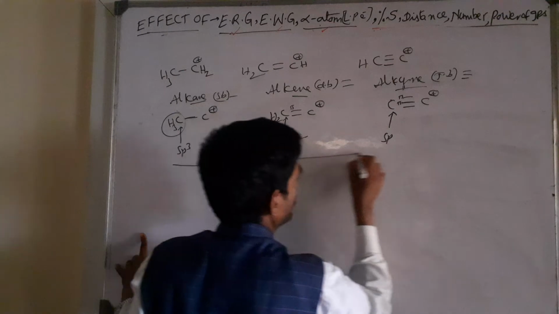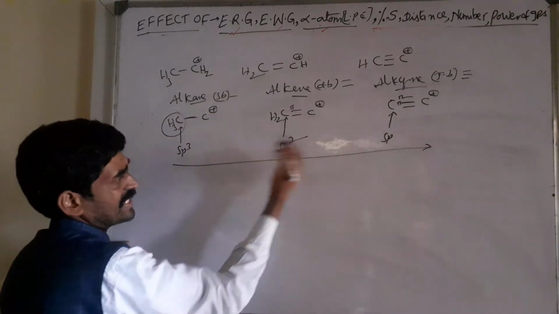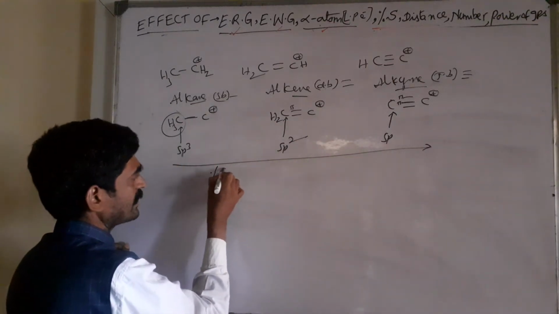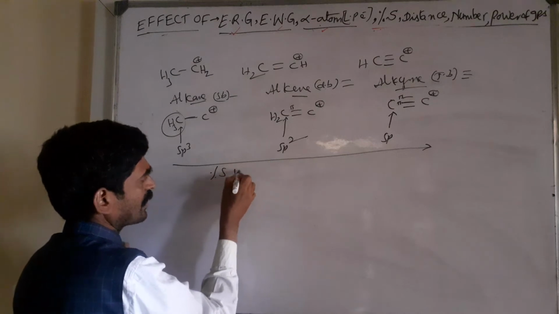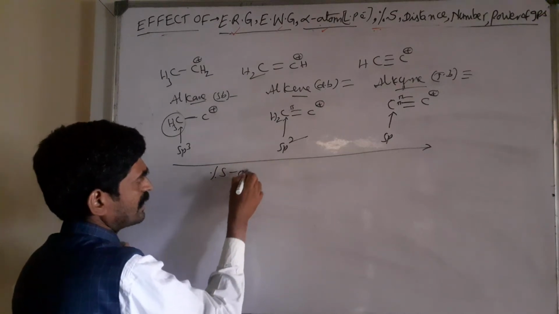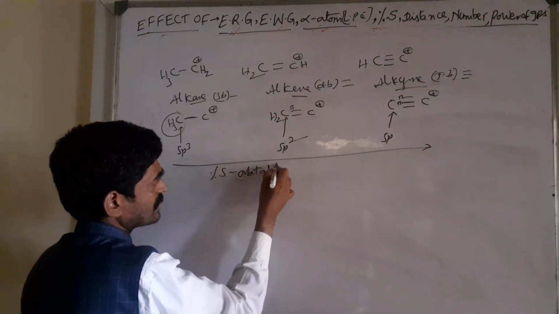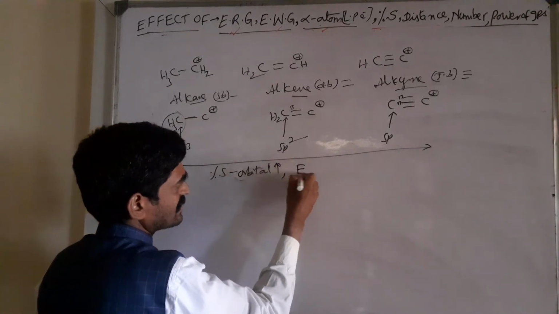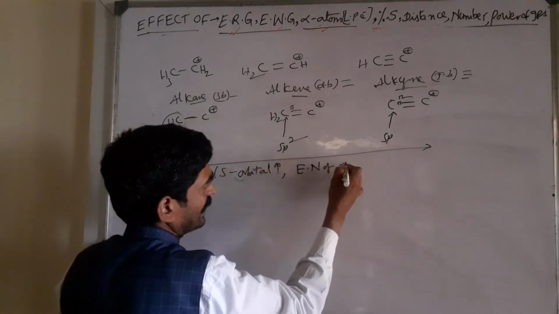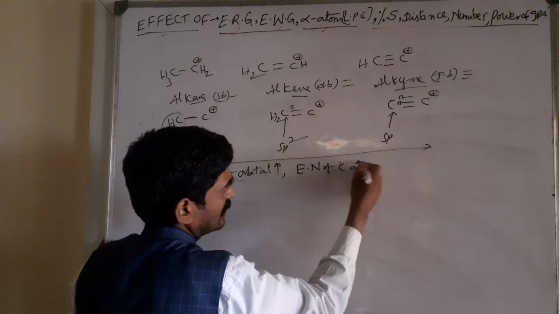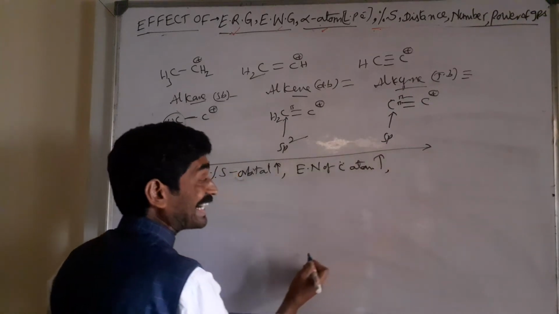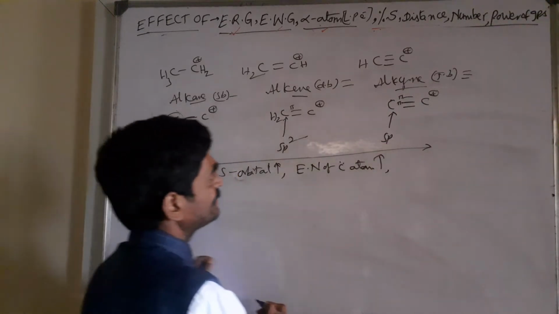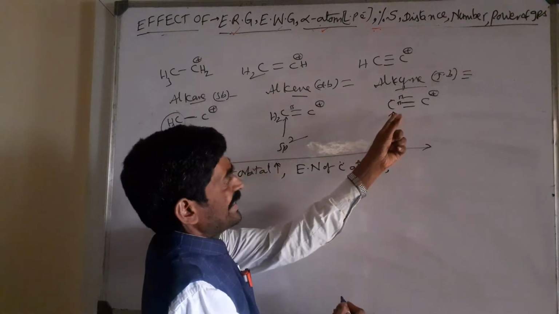As it moves from sp3 to sp hybridization, the percentage of s orbital character increases. As s orbital character increases, the electronegativity of the carbon atom also increases.